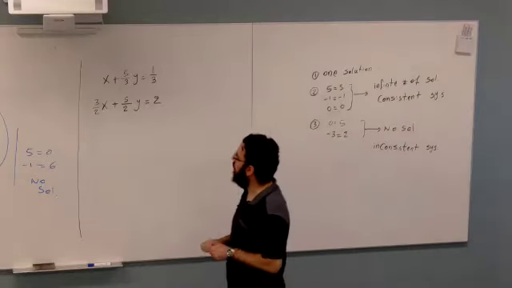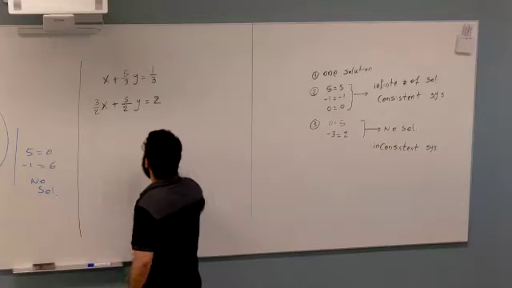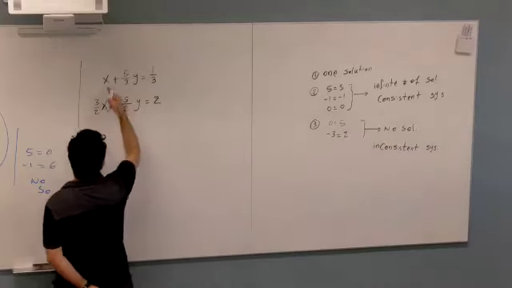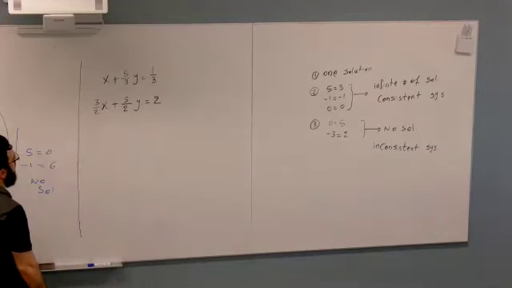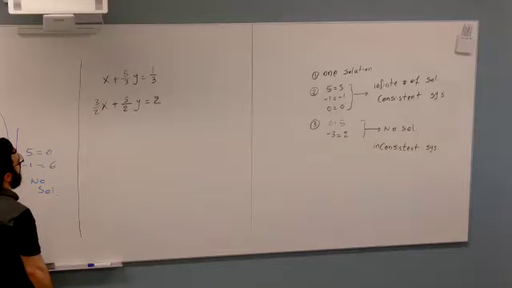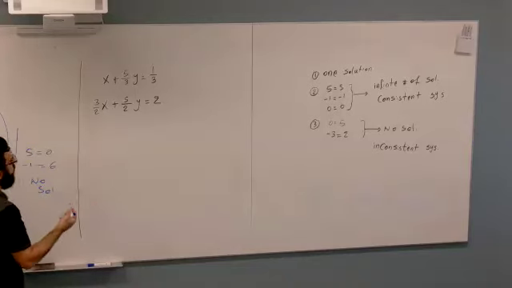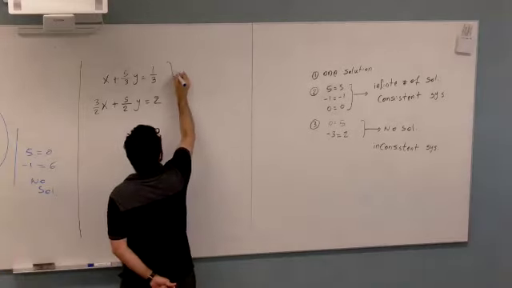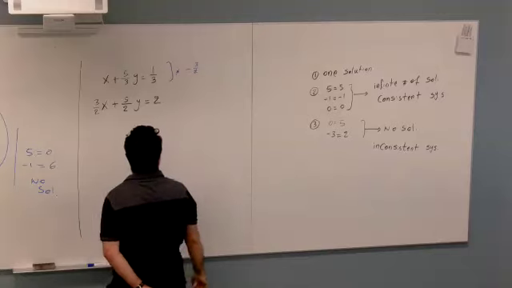So for this example, we need to solve the system. I need to get the same coefficients. Which one do you want to cancel, X or Y? How do you cancel the X? Multiply by -3/2. Which one, the second one or the first one? Oh, the first one. So multiply by -3/2.